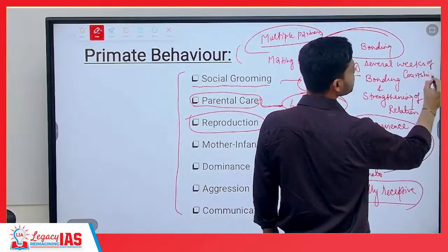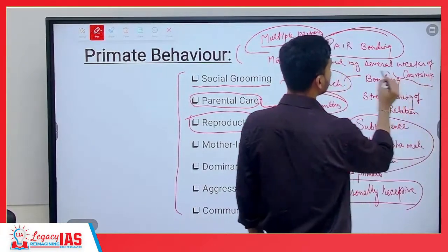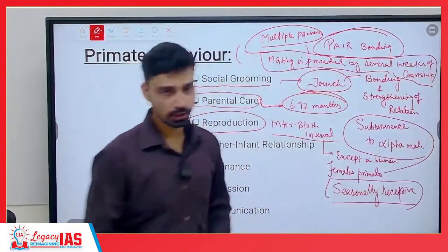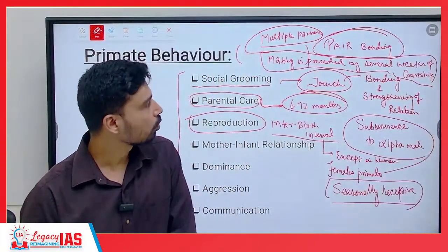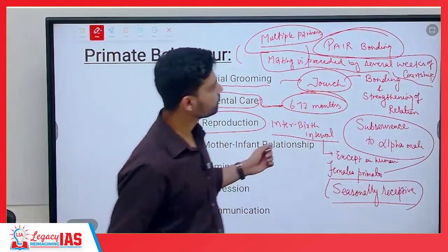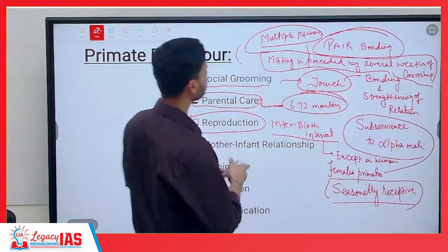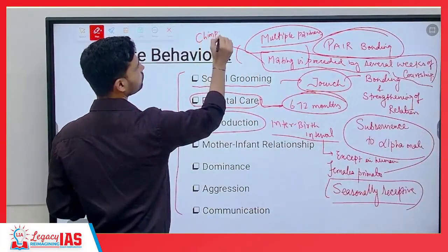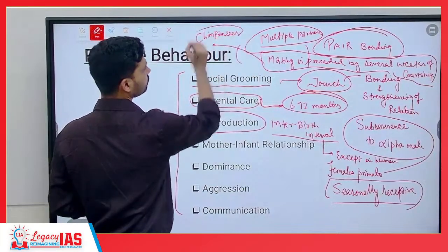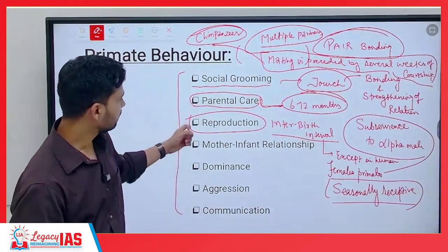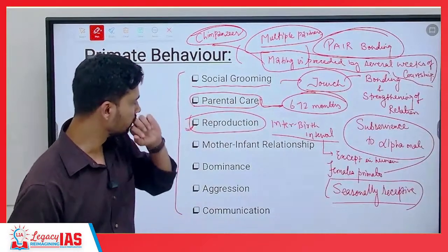In other apes, it is very less time period. Okay, so chimpanzees spend more time in impressing the females as compared to other apes. So the courtship lasts for several weeks before the actual mating. That is unique to the chimpanzees. So these are the points we can add in the reproduction.